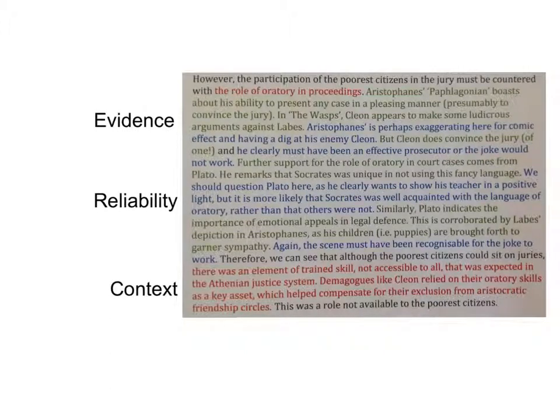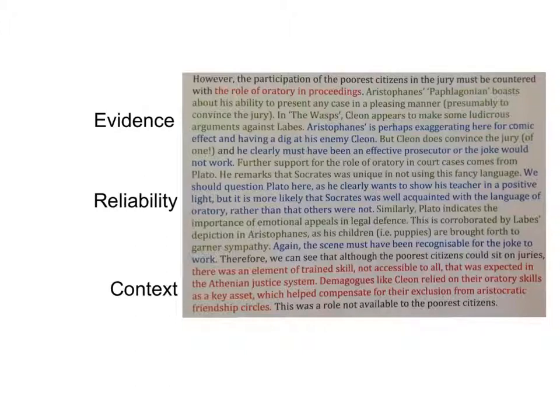Again, I've already talked about the evidence I've supplied in this paragraph, but just to look at the reliability, okay, I have mentioned that Aristophanes might have been exaggerating when he talked about how Cleon's arguments were ludicrous and yet still won the day.